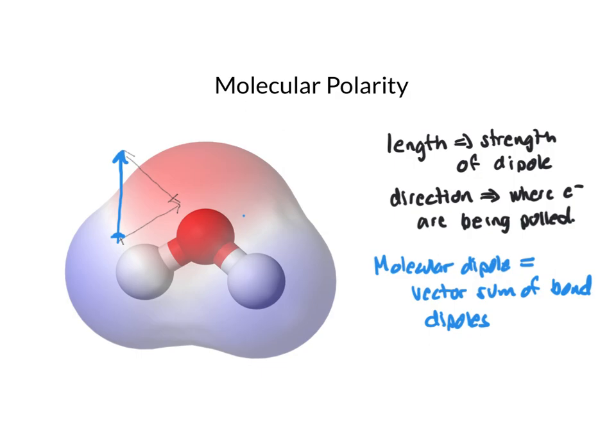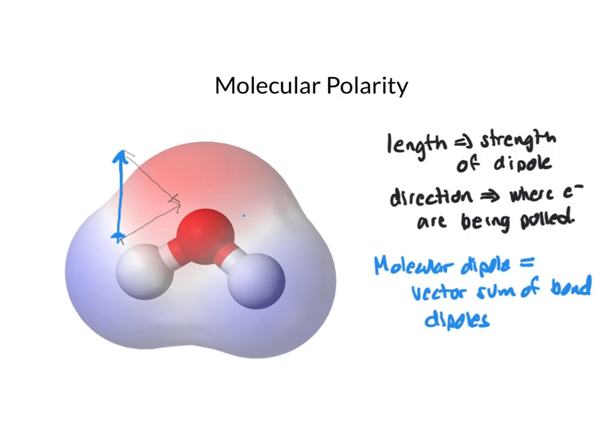And so you can see that if we add these two bond dipoles, we get a dipole moment that goes from positive at the hydrogens up to negative at the oxygen. It is a dipole moment that is directly in between, bisecting this bond angle, and has positive at the hydrogen end and negative at the oxygen end.